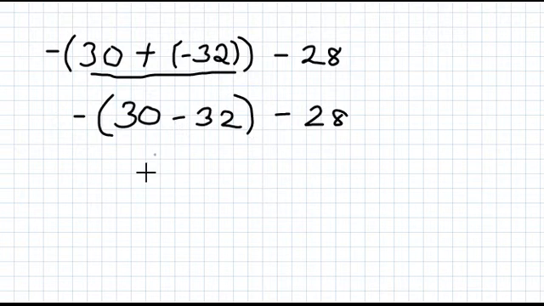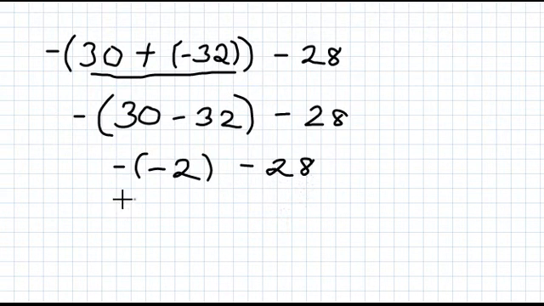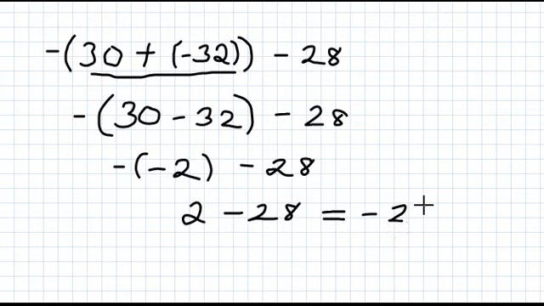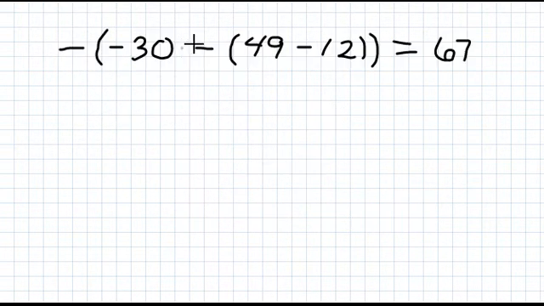And 30 minus 32 is going to end up being negative 2. Minus 28. And so we have a negative and a negative, so that makes that a positive 2. 2 minus 28. And that is going to be equal to a negative 26. Okay, so we work with what's in parentheses first and then kind of work our way out. Not too bad. Let's look at another one.